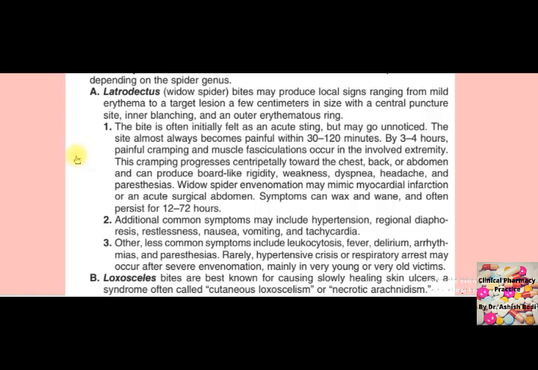Also include two or three things like painful cramping that flows towards the chest, back, abdomen, and causes rigidity, weakness, dyspnea, headache, and paresthesias. Just include this only. That's all you need.